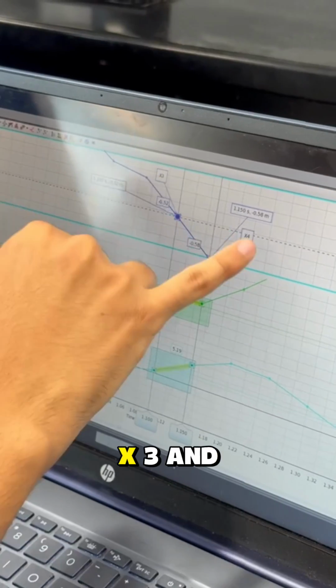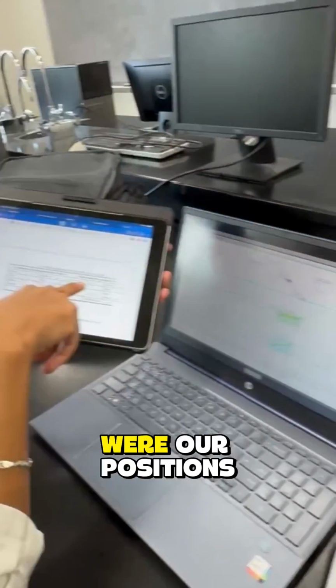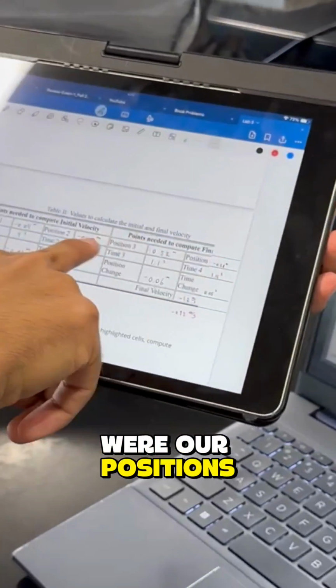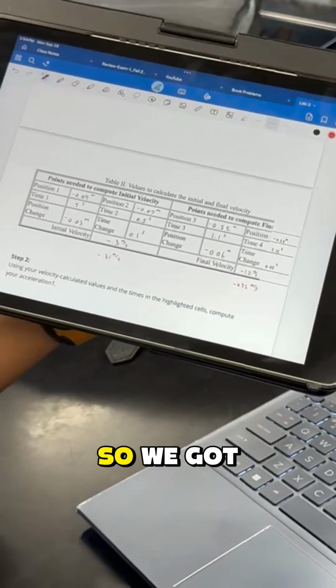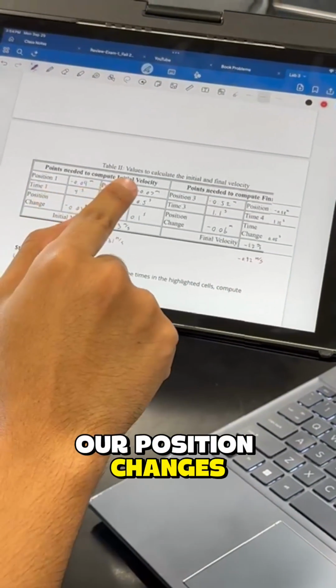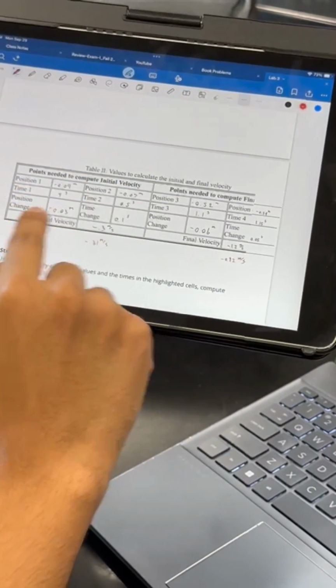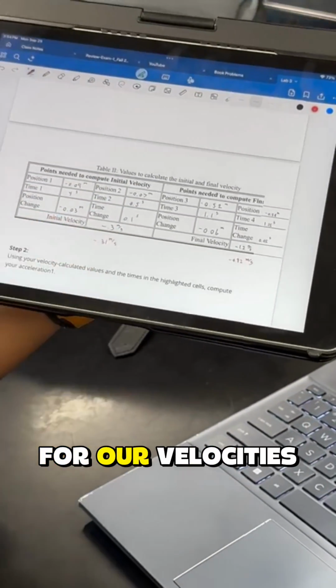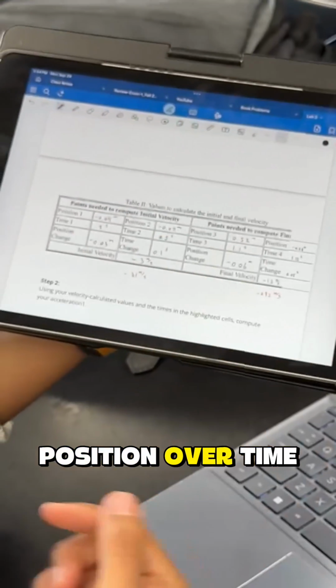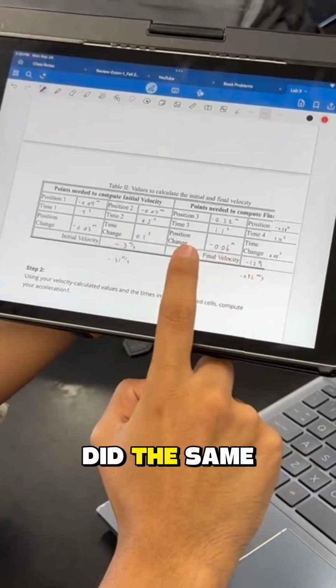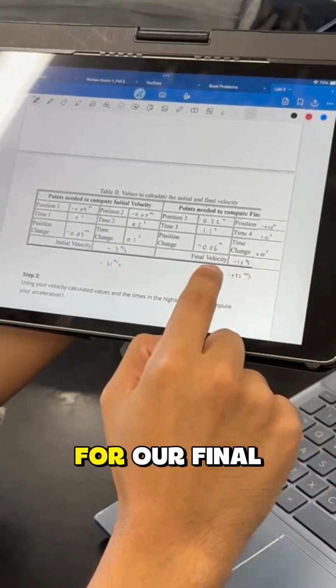Position 3 was x3 and position 4 was x4, and these were our positions and then our times. We got our position changes by subtracting these two together, and our time changes by subtracting these two together. For our velocities, we did position over time to get our initial velocity, and we did the same thing over here for our final velocity.